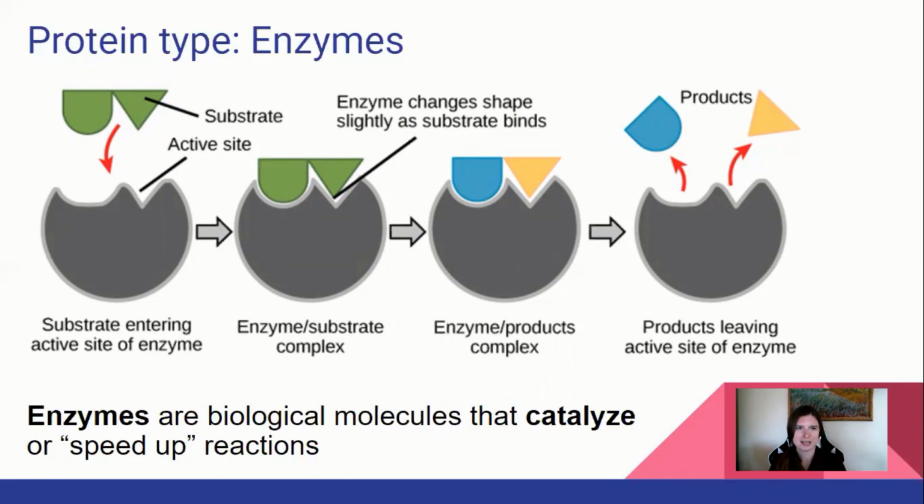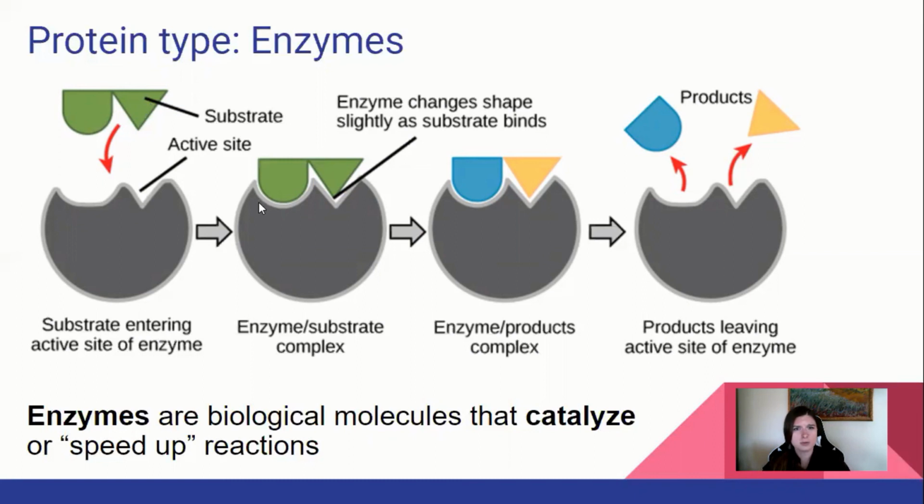The way an enzyme works is that it has a specific shape that binds to some other molecule that has a shape that fits it somewhere in the cell. And the fact that the enzyme and this other molecule fit together lets the enzyme do stuff.